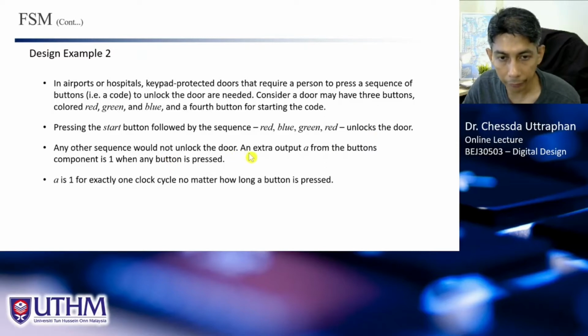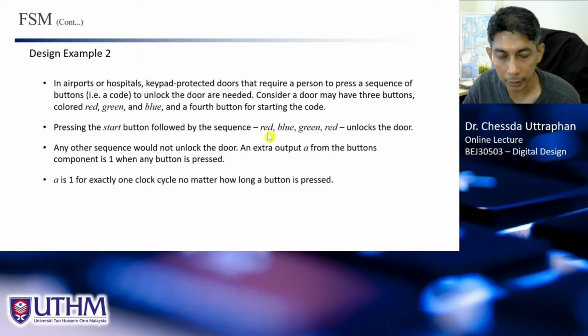And we have an extra output A from the buttons component, which is 1 when any button is pressed. That means we have an extra signal other than the red, blue, green signals, named A, generated when a button is pressed.